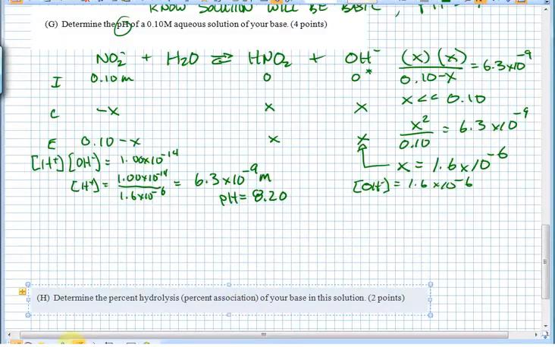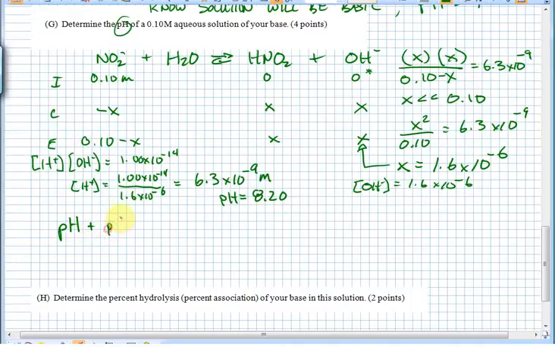Now, another way we could have worked that through, same thing really, is that we know that pH plus pOH equals 14. These two expressions are the same expression. This is the logarithmic form.